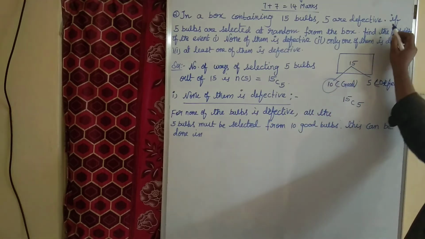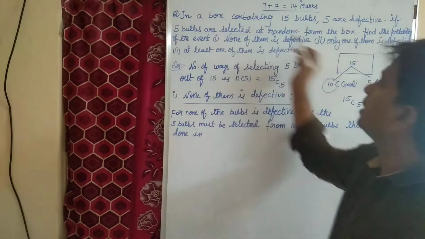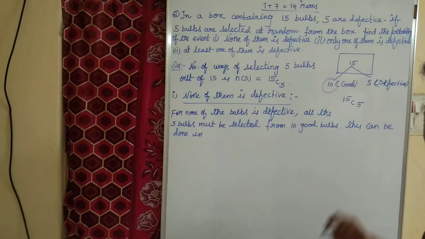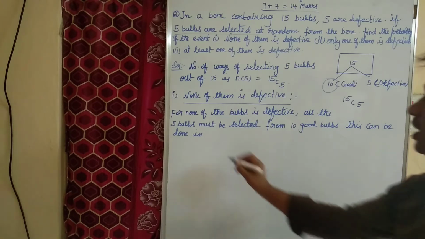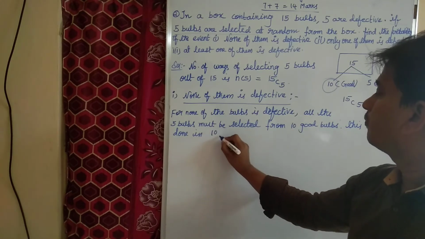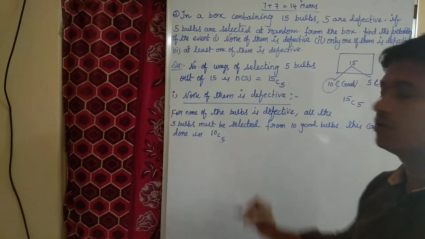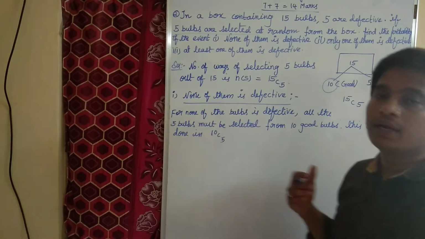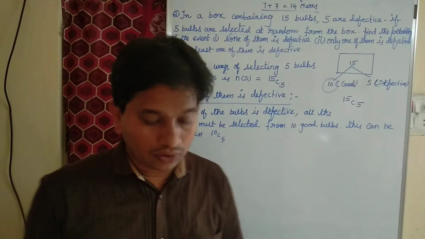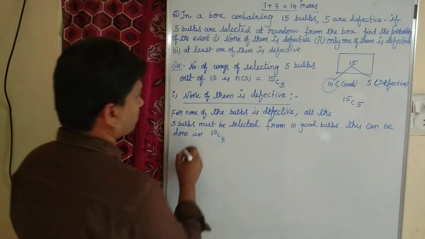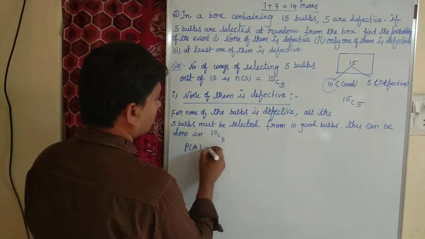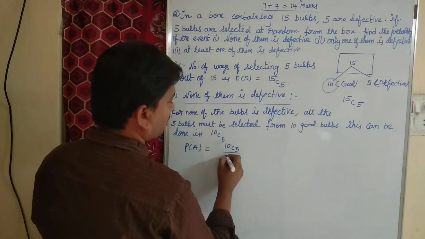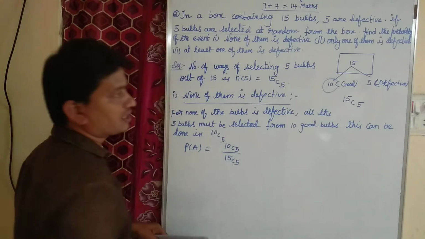If 5 bulbs are selected at random, from the 10 good ones we are selecting 5. So the answer is 10C5. The number of favorable outcomes is 10C5. Therefore P of A, the probability, equals the number of favorable outcomes 10C5 divided by the total number of outcomes 15C5.